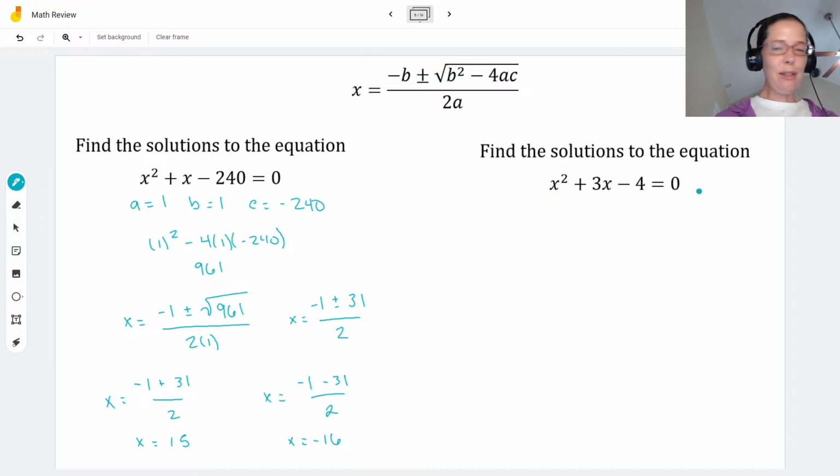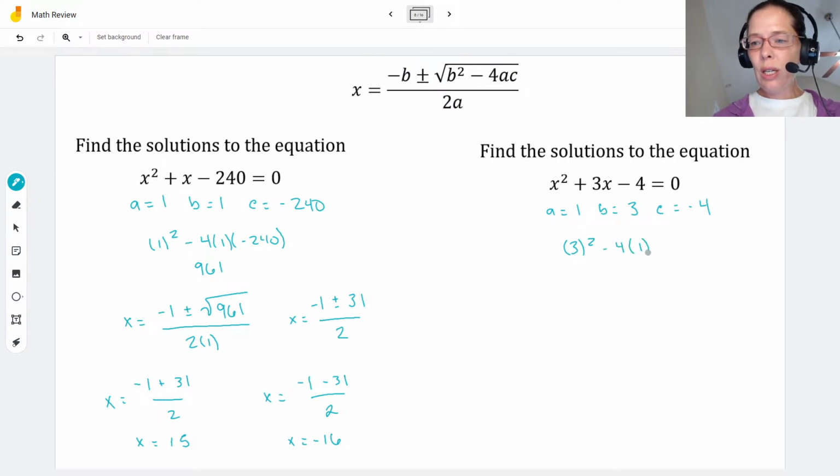Let's do this one right here. Okay, again, so I'll write down a equals 1, b equals 3, and c equals -4. So discriminant first. This is going to be 3 squared minus 4 times 1 times -4, and that equals 25, which is another perfect square.